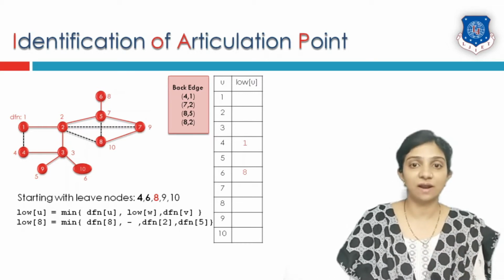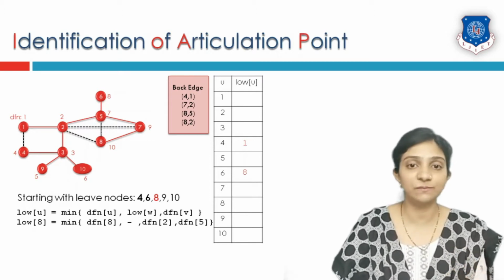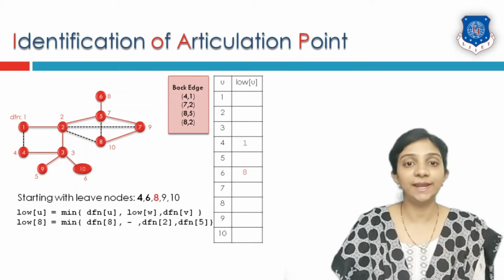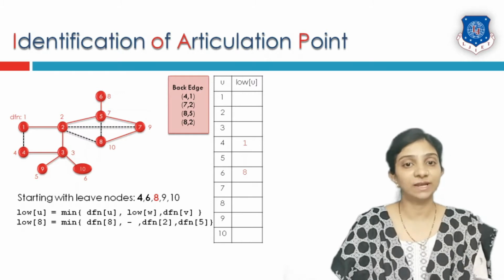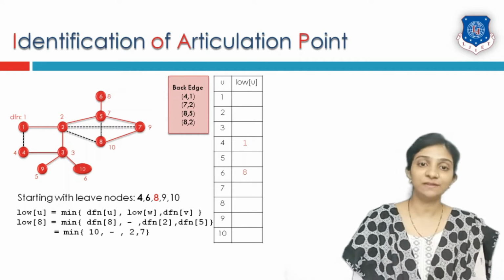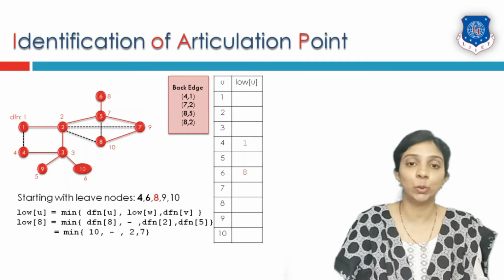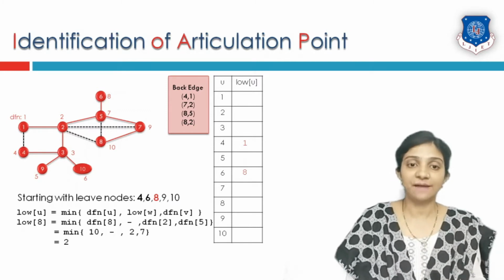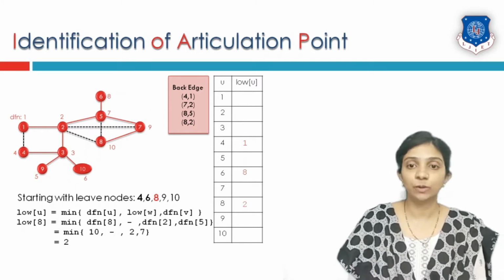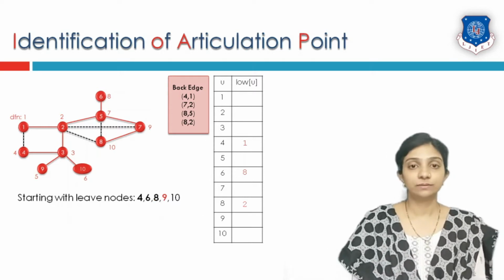Those edges are towards vertex 5 and towards vertex 2. So we will write DFN of 5 as well as DFN of 2 in our minimum function. Let us substitute these values. They are minimum of 10, 2 and 7, which has minimum value 2. Its equivalent entry will be made inside the table.